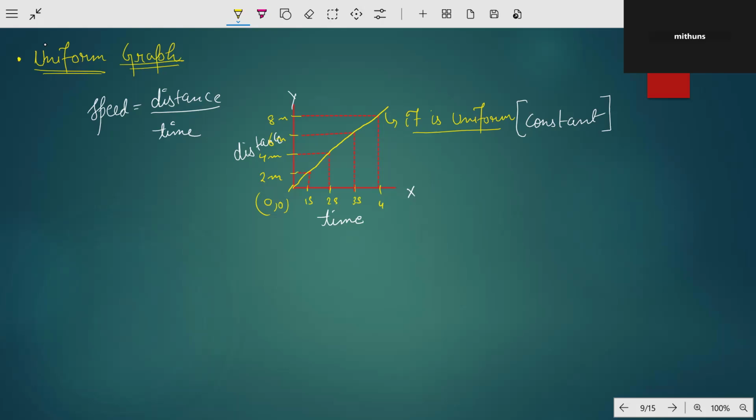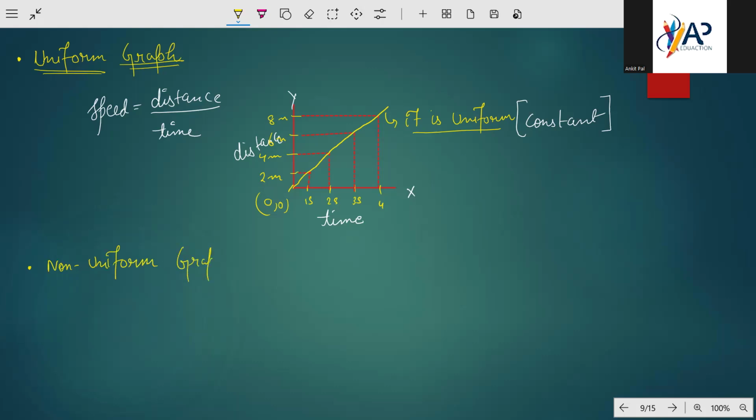So, sir, if it's equal distance and equal intervals of time, won't all uniform graphs be linear? Yes. Okay. Suppose we draw a non-uniform graph.